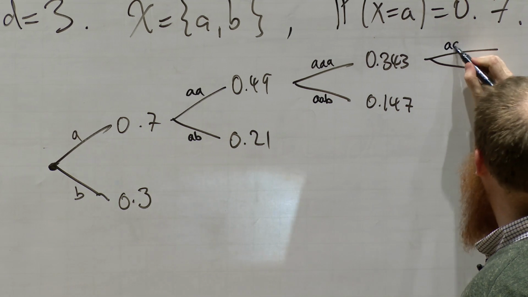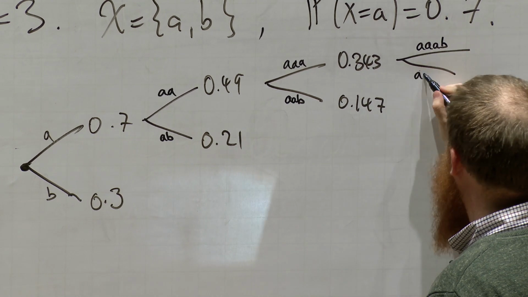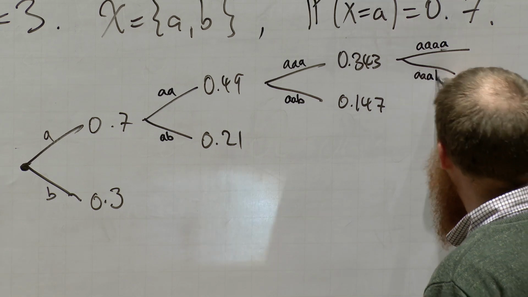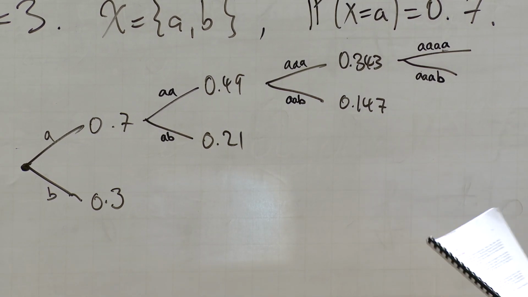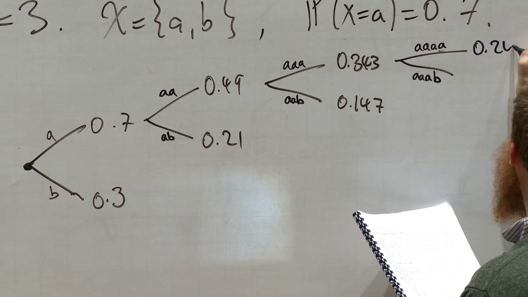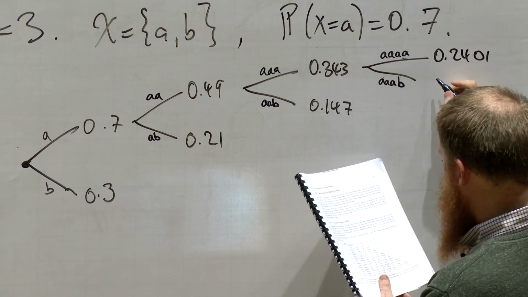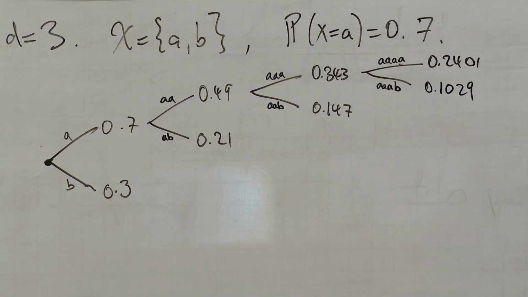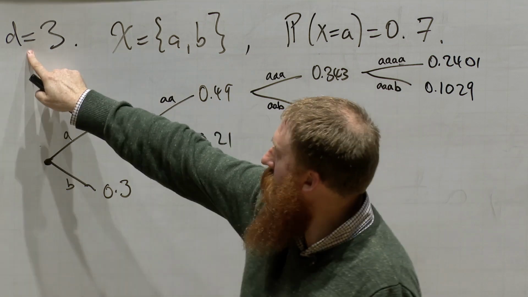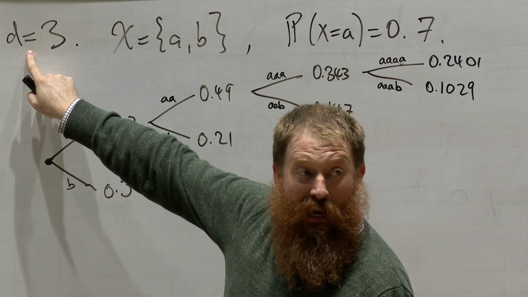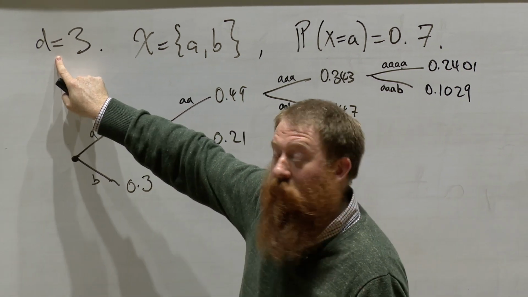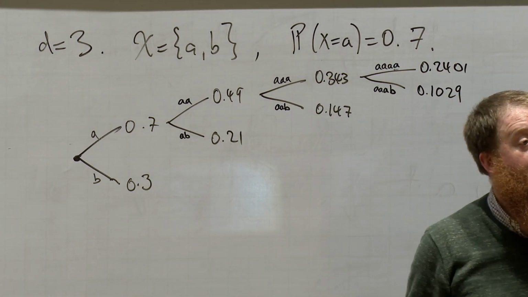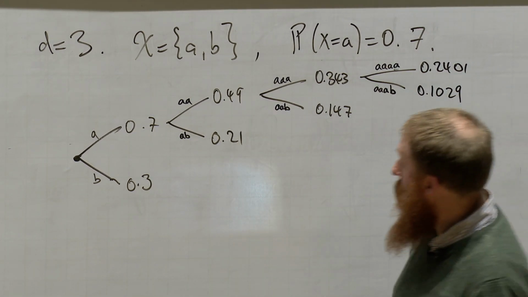So I get AAAA and AAAB with probabilities 0.2401 and 0.1029. How many code words have I used so far? Well, I know that I've got 2 to the 3, so 8 code words I'm allowed to use. So far I have 1, 2, 3, 4, 5 code words that I've used. So I can keep going.